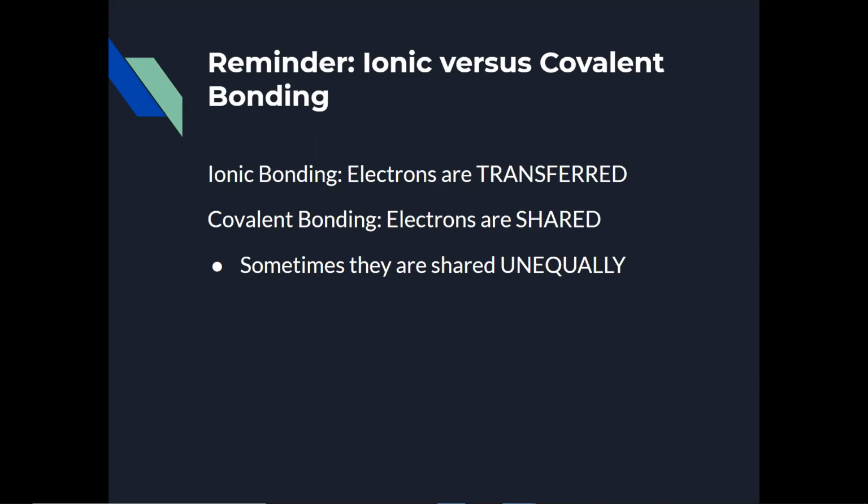With covalent bonding, those electrons are being shared between two nonmetals. They're not always shared equally though, sometimes they're shared unequally. And again, that is because of differences in electronegativity between different atoms, okay? So when you have unequal sharing in a covalent bond, some different things can happen.